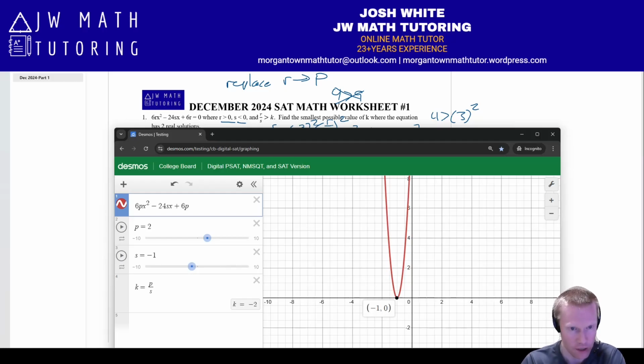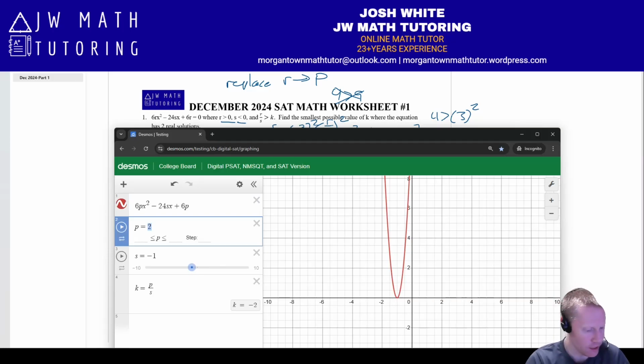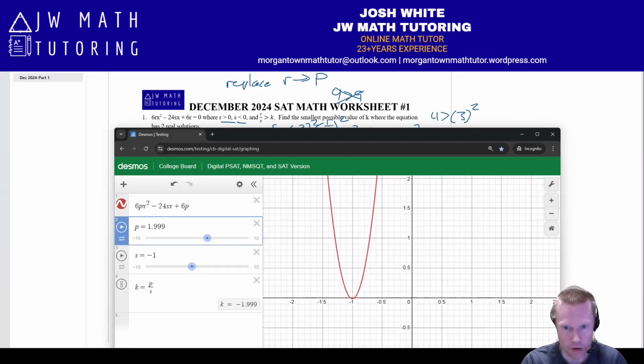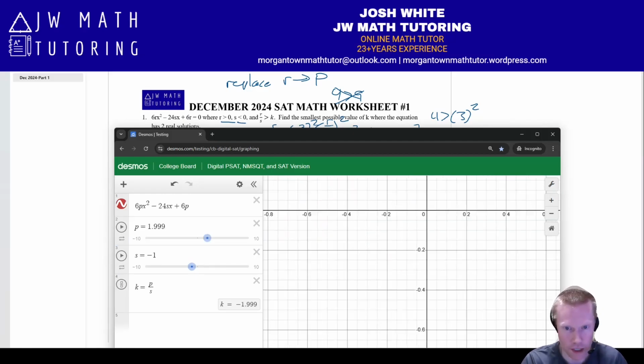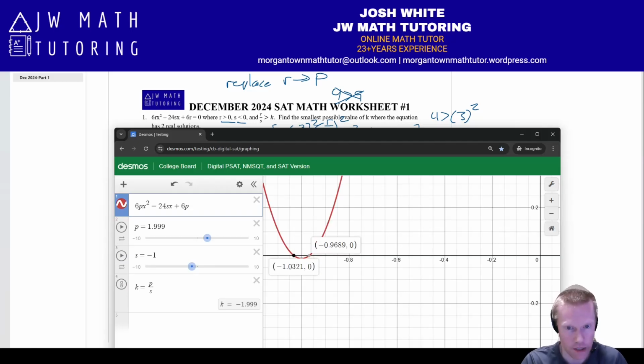Because anything, even if you make this 1.999, you can still technically zoom in here and see that there are two real solutions. The vertex is still below the x-axis.